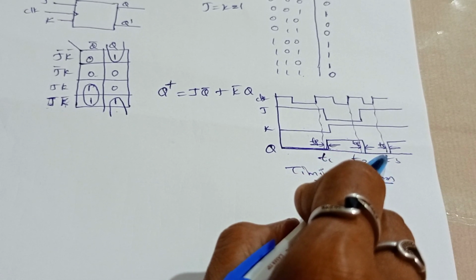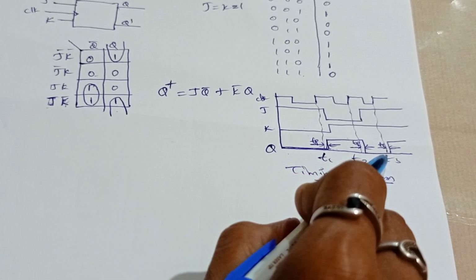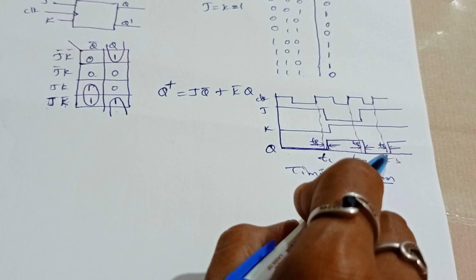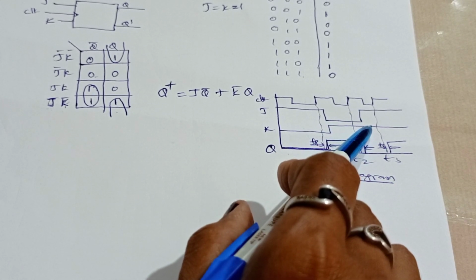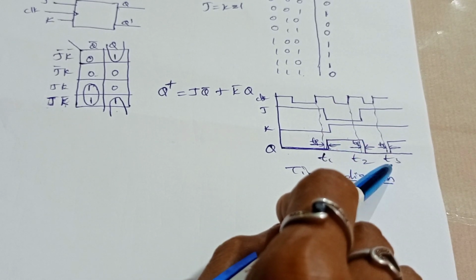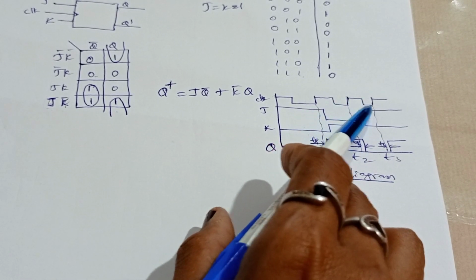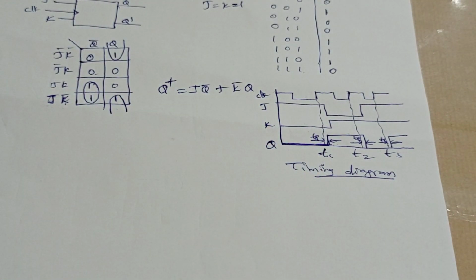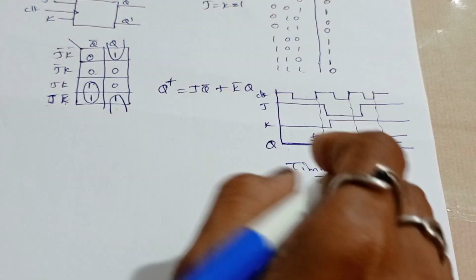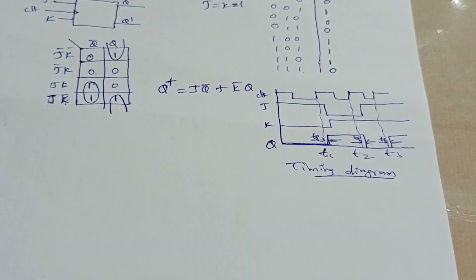Because Q is equal to 0, that is J is 1 and K is 1 before the third rising clock edge, at T3 Q again becomes 1. This is about the timing diagram of JK flip-flop.